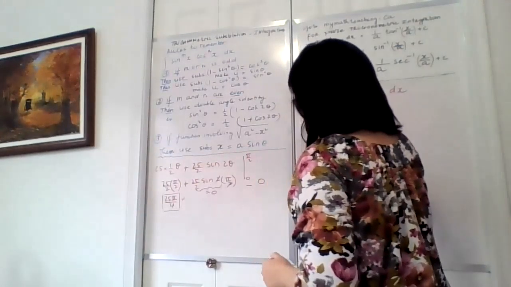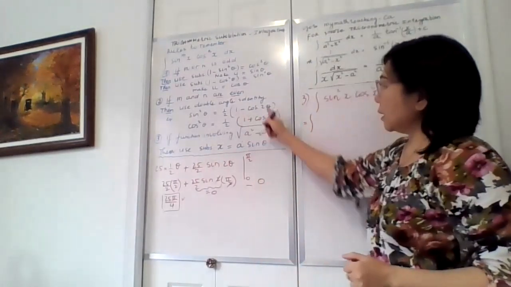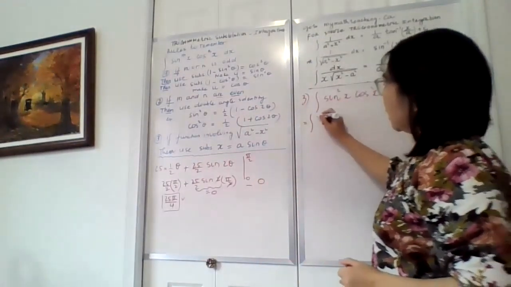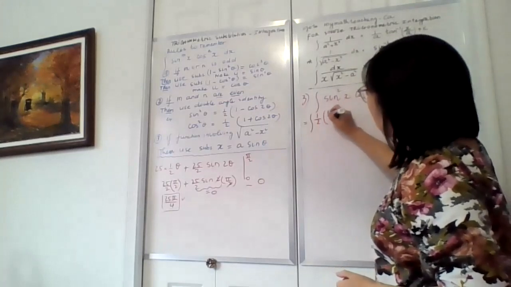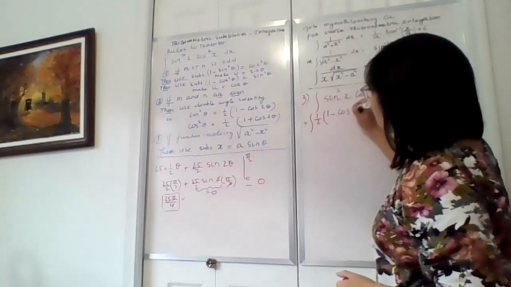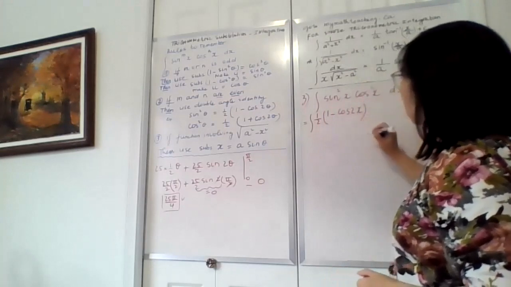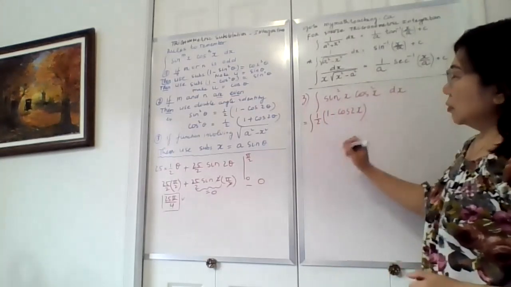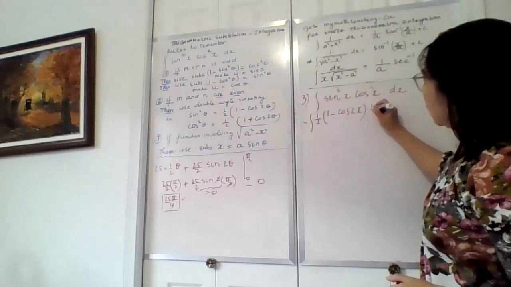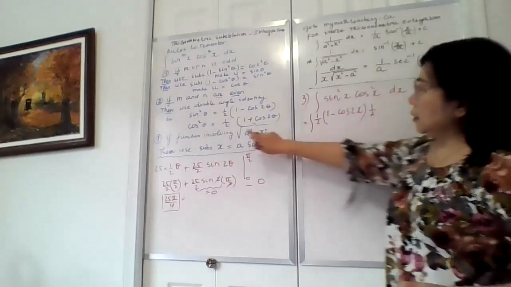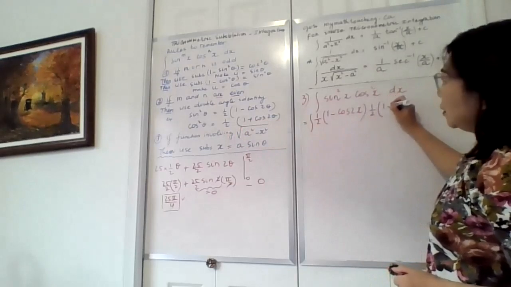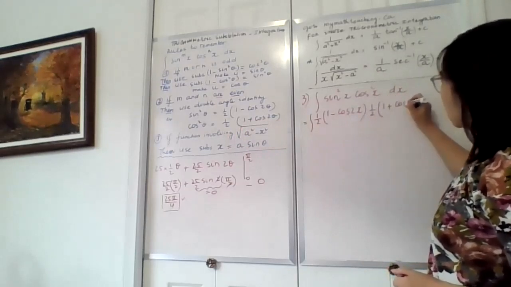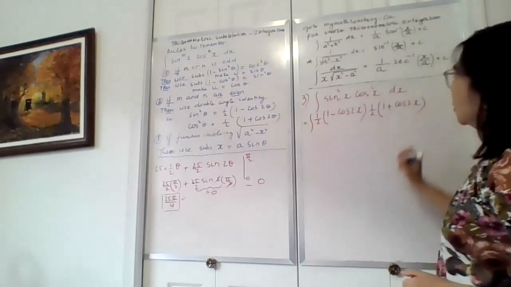So what does it look like? We're going to apply it exactly like that. For sine square, we have 1/2 times 1 minus cos 2x. For cos square, we're going to have 1 over 2 again, exactly the same, times 1 plus cos 2x.